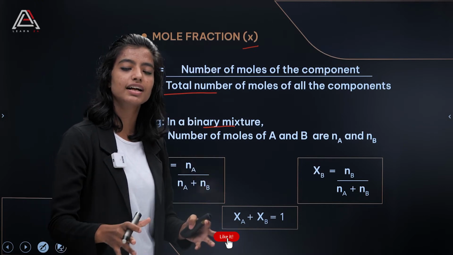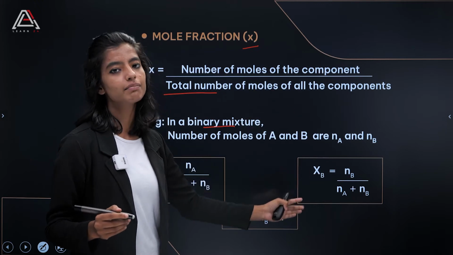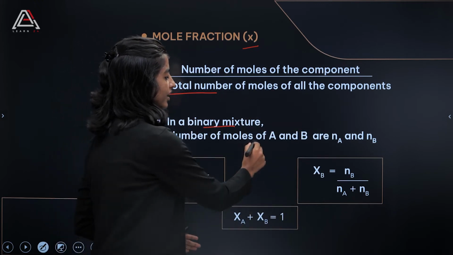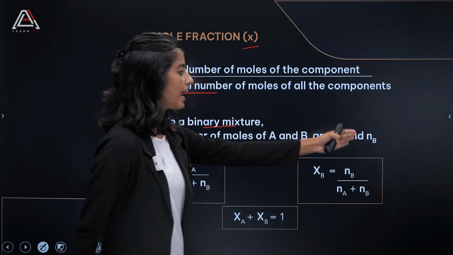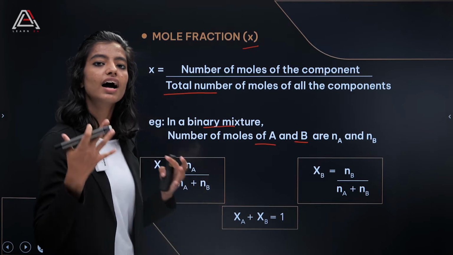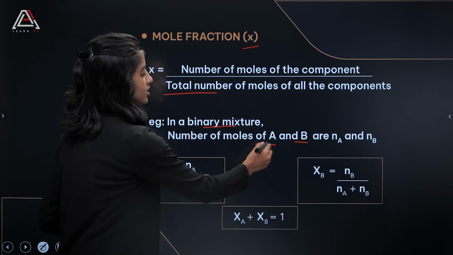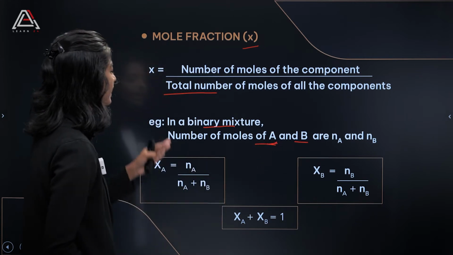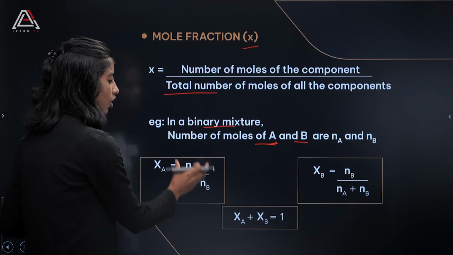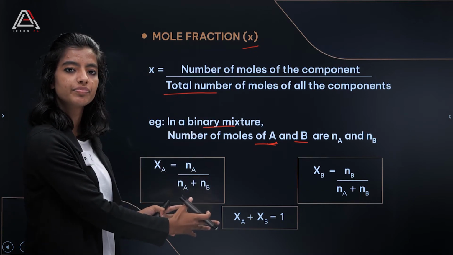Binary mixture always will contain 2 components. And I have 2 components, A and B. Na is the number of moles of A and Nb is the number of moles of B. And how can we express this in mole fraction? The mole fraction of A is the number of moles of A divided by total number of moles of A and B. Clear?